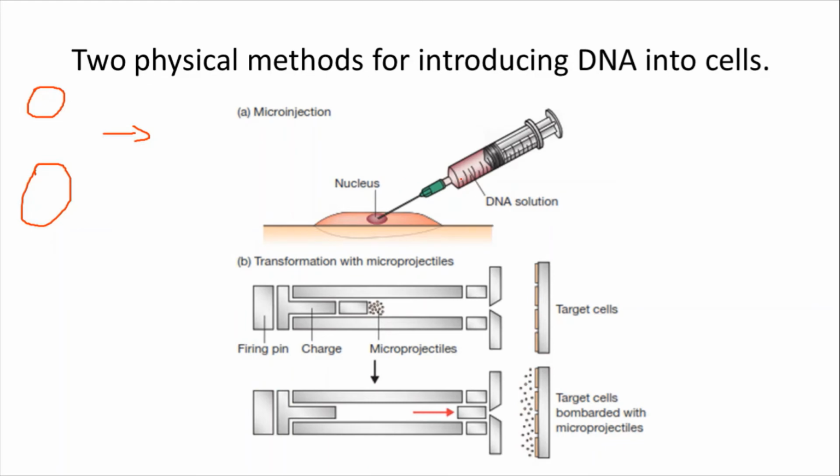The cells are placed under the microscope. Using the needle, we can inject the DNA solution into a single zygote. This is done in IVF, in vitro fertilization methods.